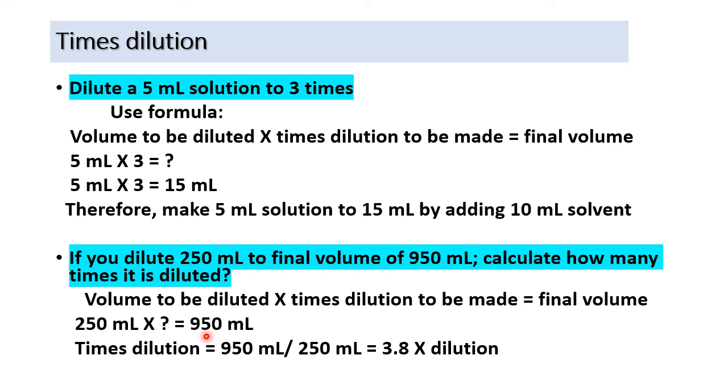So the 250 will go down here, simple mathematics: 950 divided by 250. The units cancel out, and you get 3.8 times dilution. Meaning if you dilute 250 ml to a final volume of 950 ml, you get 3.8 times dilution.